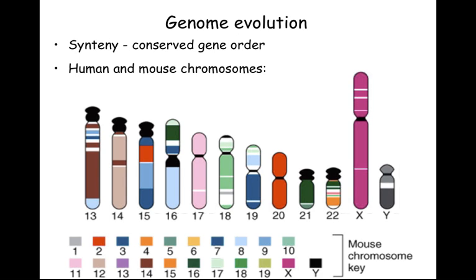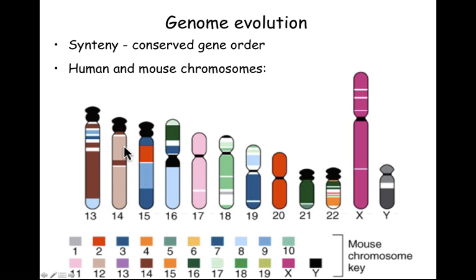One of the other things you can start to look at when you have multiple genome sequences, say mouse and human, is genome evolution and how genomes change. One of the concepts people talk about with genome evolution is synteny. Synteny basically means conserved gene order, so that as you go along a chromosome from, say, human and mouse, if you see the same genes occurring in the same order, then this would be synteny.